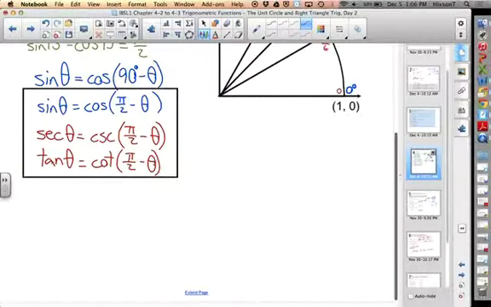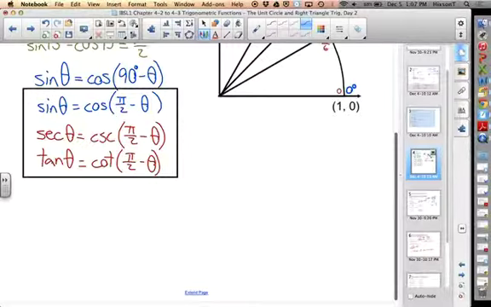If you're doing some searching on your own, you may see these written as theta minus pi over 2, or theta minus 90, instead of the way I have it written. It actually makes no difference. So they're interchangeable, sine and cosine. Sine theta equals cosine of pi over 2 minus theta.